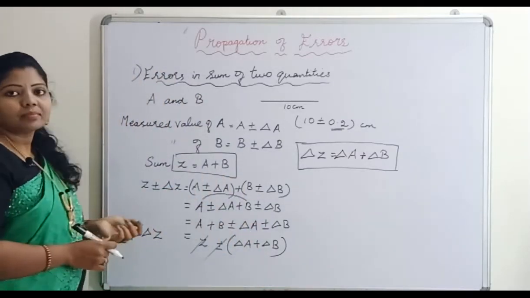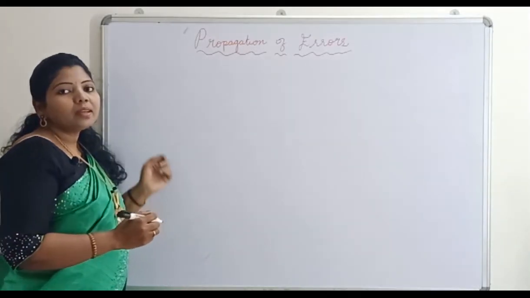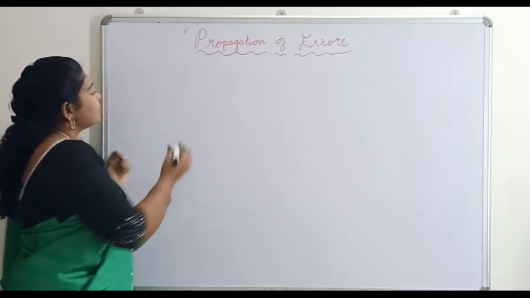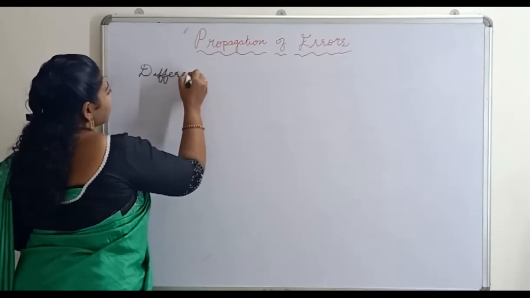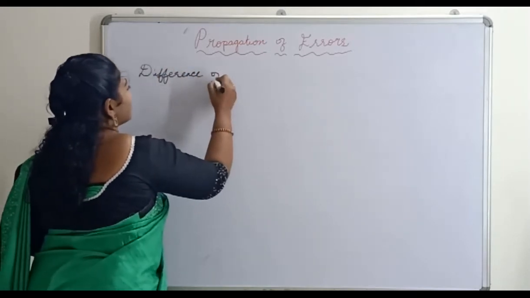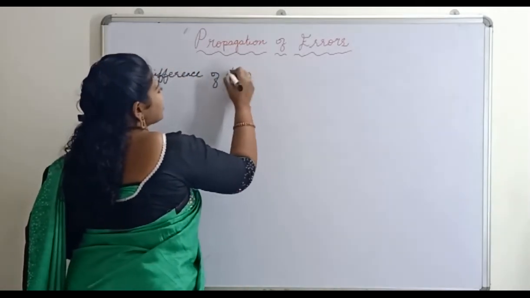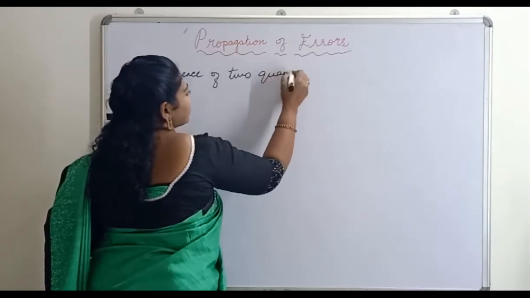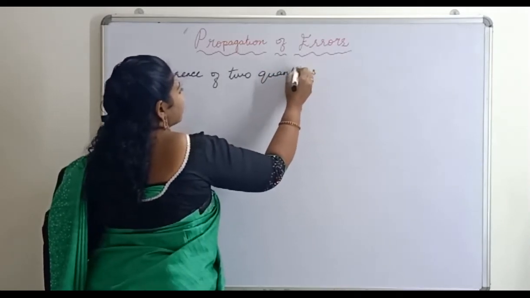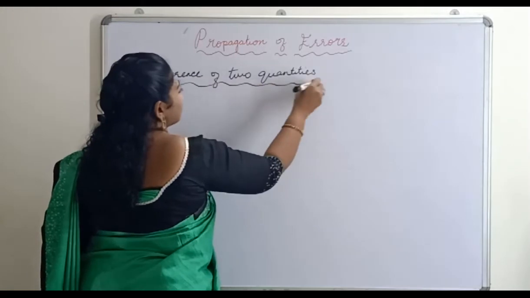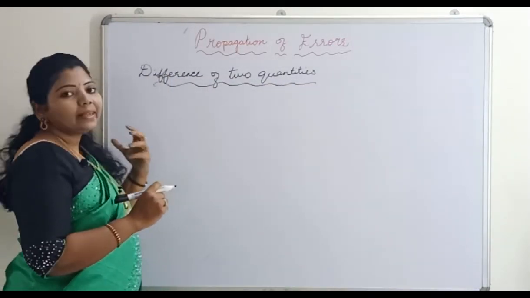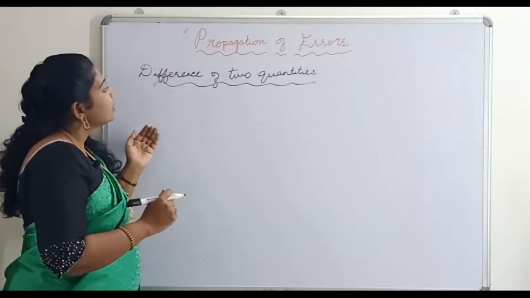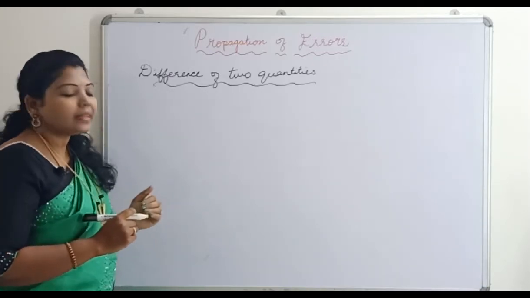Okay. Next we are going to see about the errors in the difference of two quantities. So here, when the errors combine while finding the difference, how do the errors affect the final result?